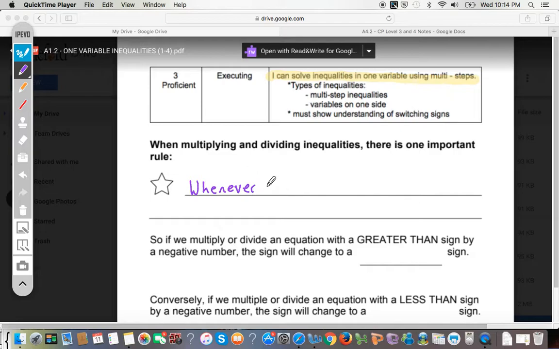Whenever we multiply or divide by a negative coefficient, we must flip our sign.